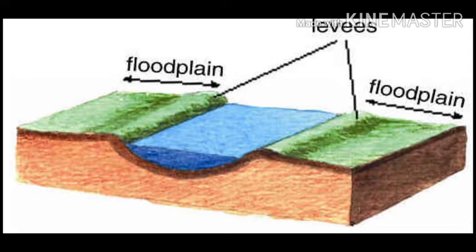The rich deposits from the overflowing rivers also flatten the land around the banks to form fertile floodplains. And the raised banks are known as levees.